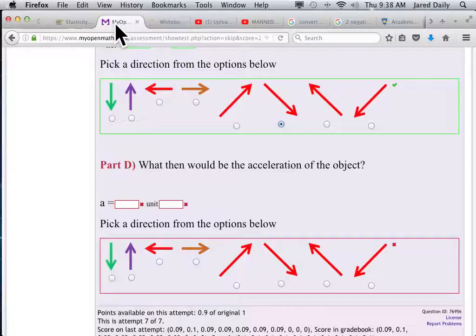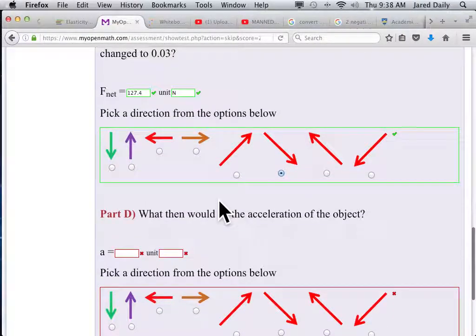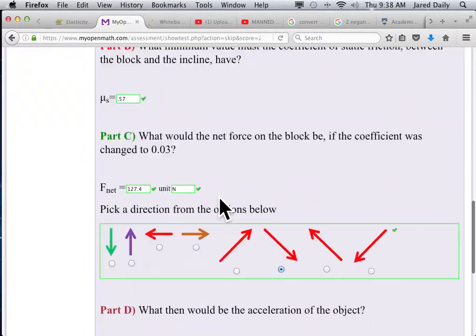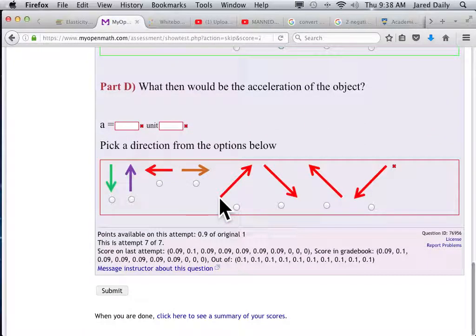So our force, which is 127.4, divided by the mass, which is 27.7, equals 4.6. We put in our acceleration, 4.6, in meters per second squared. So it's just net force divided by mass.